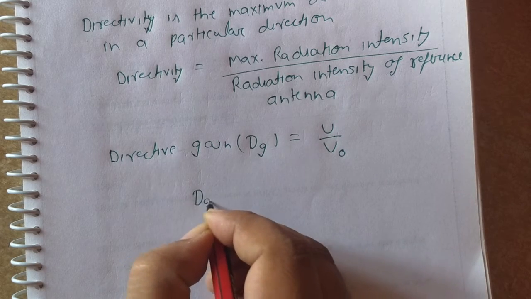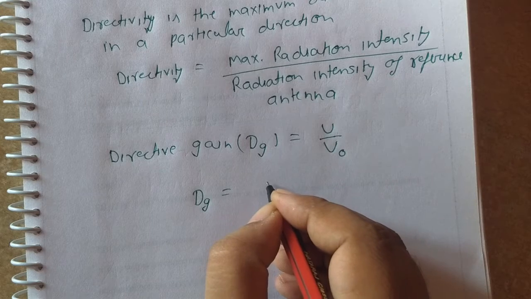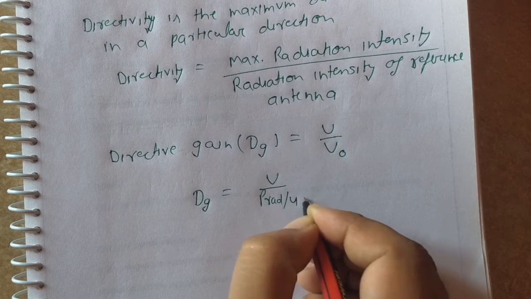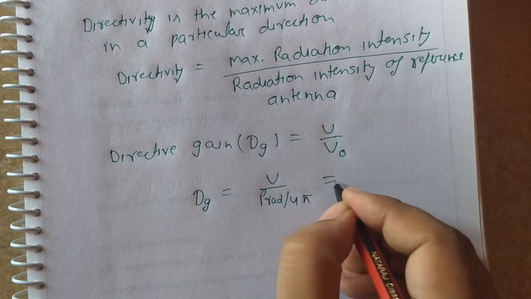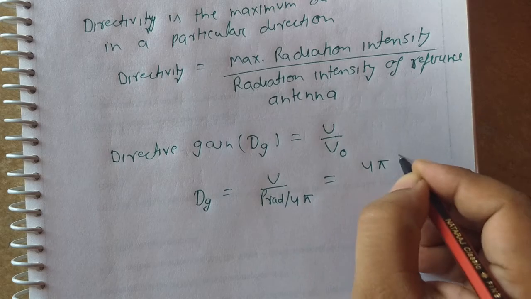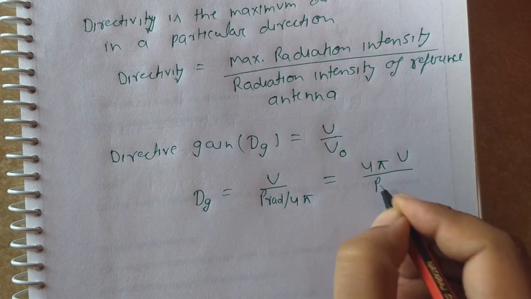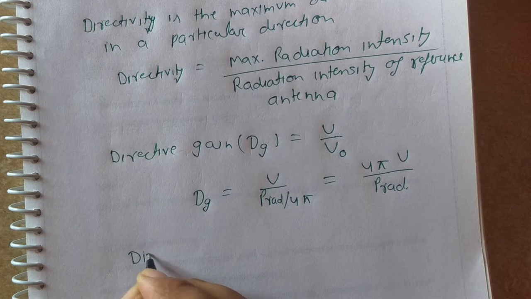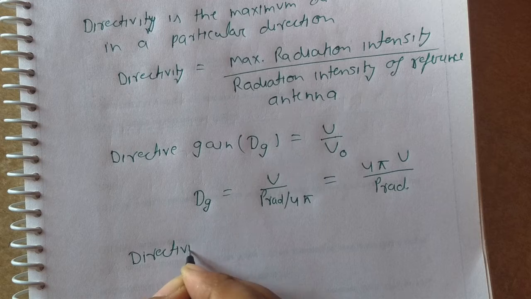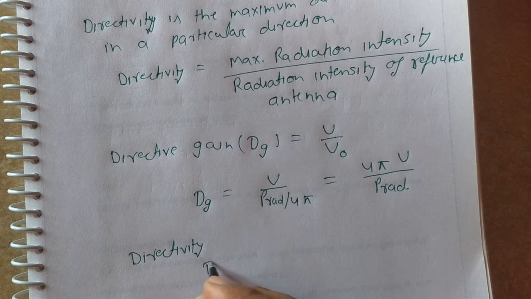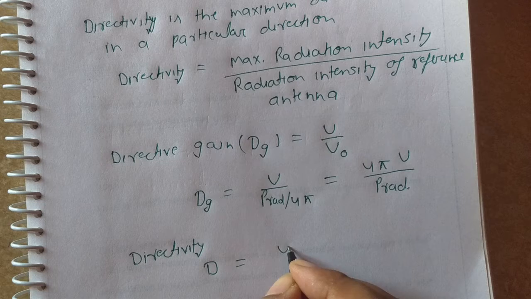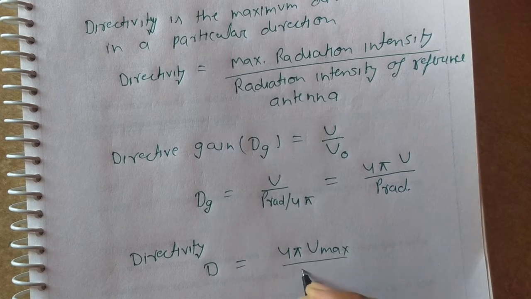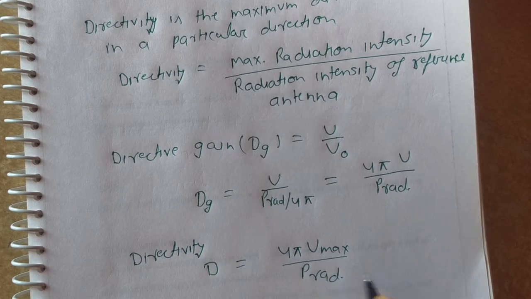So DG will be equal to U divided by P radiated divided by 4 pi. So DG will be equal to 4 pi U divided by P radiated. So directivity will be D equal to 4 pi U maximum radiation intensity divided by P radiated.